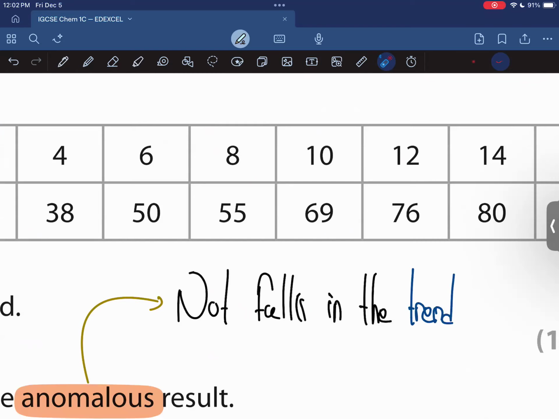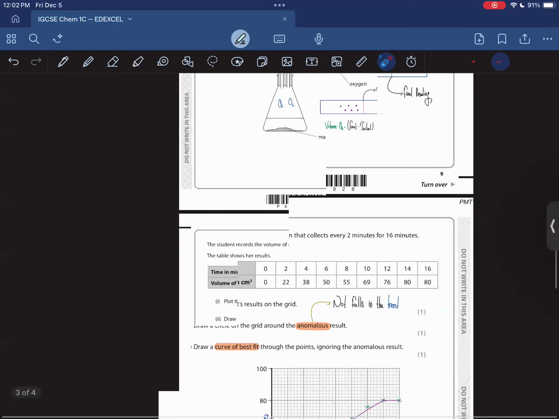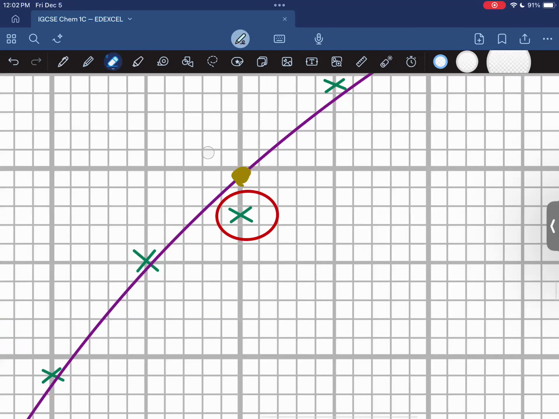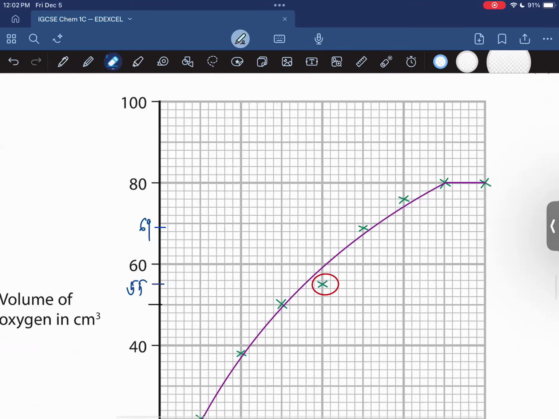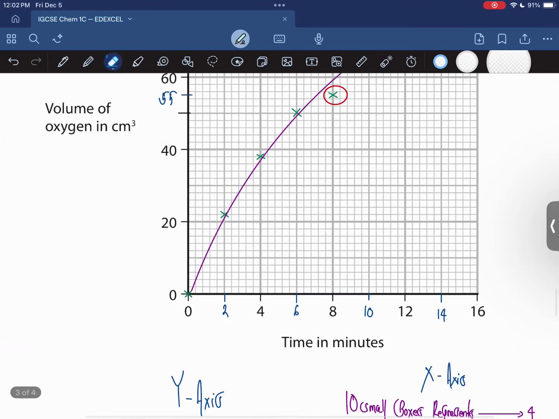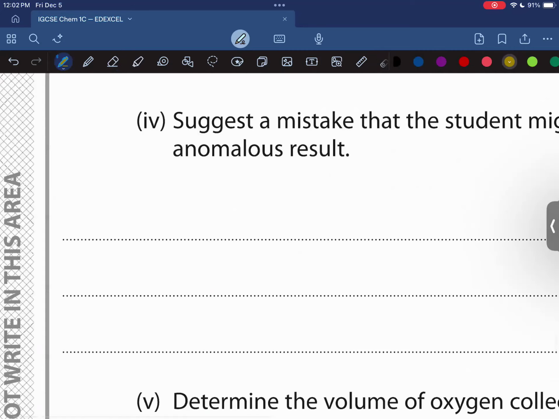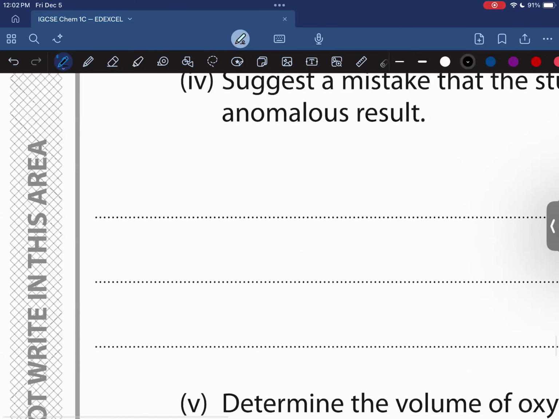Or you could even say that the person misread the volume of oxygen. Okay, so this should be the answer. The person misread the volume of oxygen, or took the reading of the oxygen volume. Let's go with the first one.